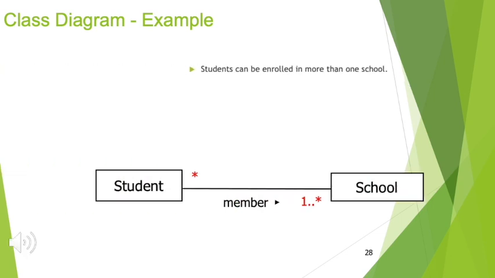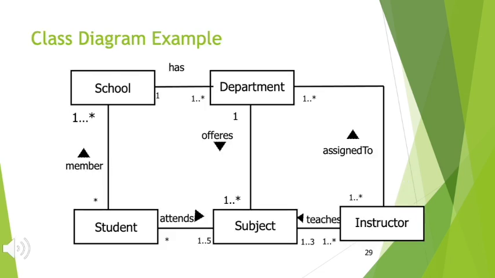Now the relationship between student and school. The statement is that a student can be enrolled in more than one school. So a student is a member of a school, and the multiplicity here is one to many. This is how the overall class diagram is going to look.